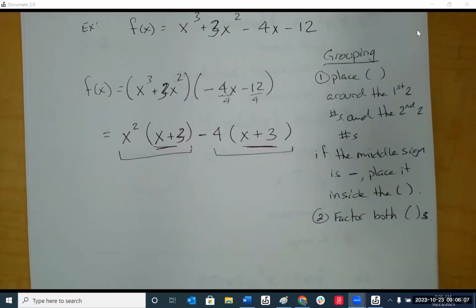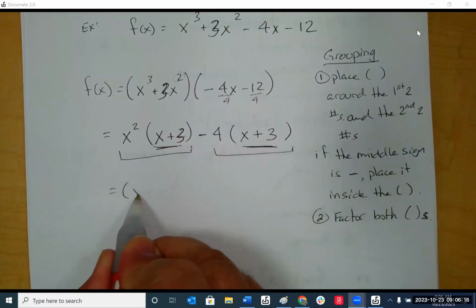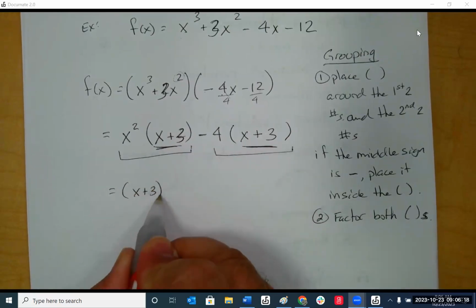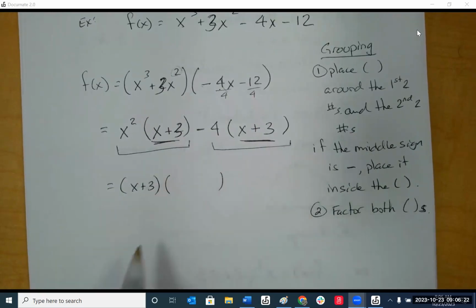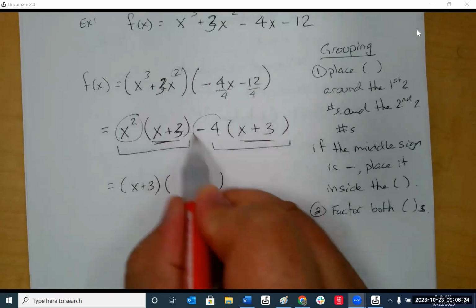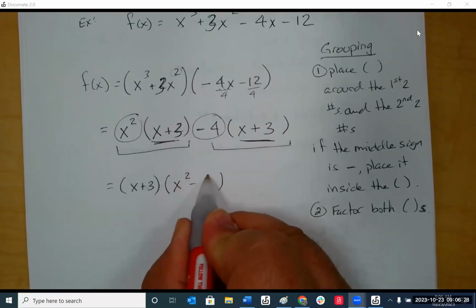What do both of those terms have in common? They both have an x plus 3. So take what they have in common out, and whatever's left goes inside their own parentheses. In other words, the coefficients go inside their own parentheses. X squared minus 4.